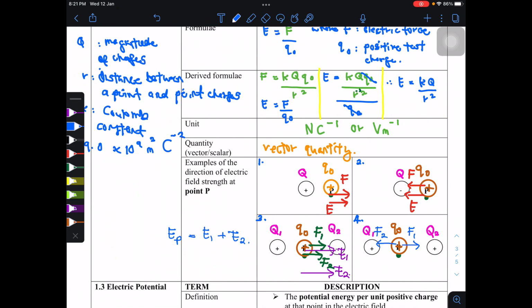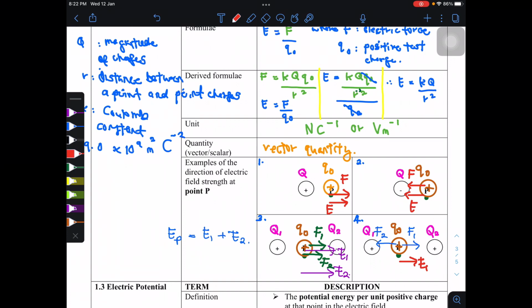Now we need to show the direction of the electric field strength at point P. To show the direction of the electric field strength, you just follow the direction of the force just now. On the test charge by Q1, the direction of the electric field is to the right. I label this E1, because the direction of the electric field strength is the same as the direction of the electric force.